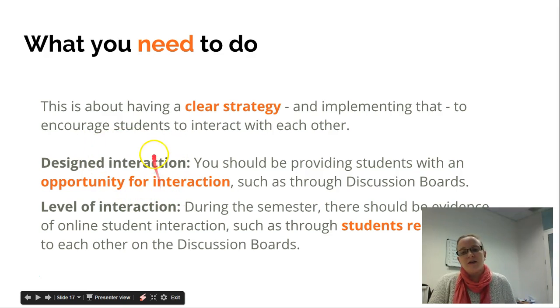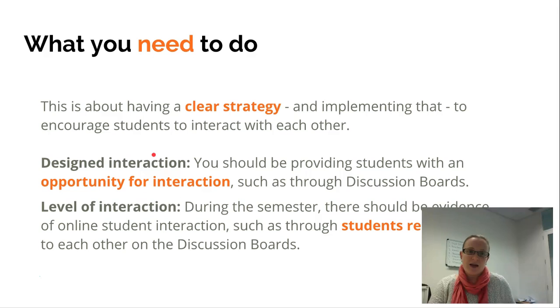So what do you need to do to meet the bare baseline standard for this KPI? You need to think about and have some sort of strategy for providing the opportunity for students to interact in the online space. By designed interaction, we mean that you should provide the students with that opportunity for interaction, and that there needs to be some level of interaction occurring within the space that you provide.